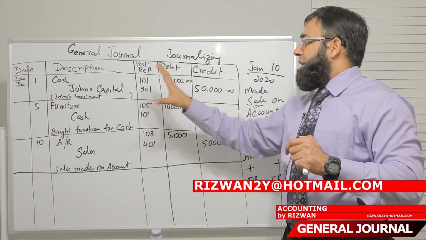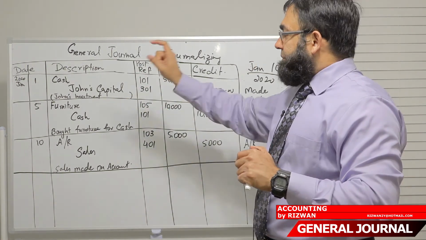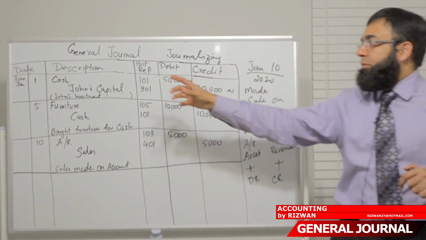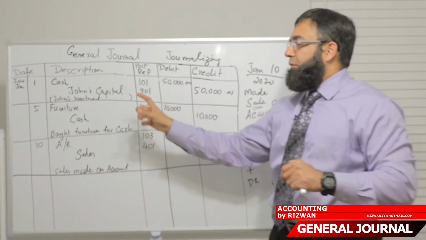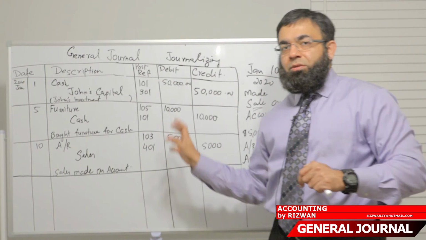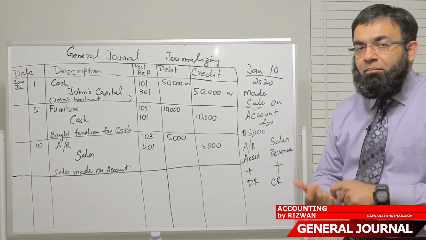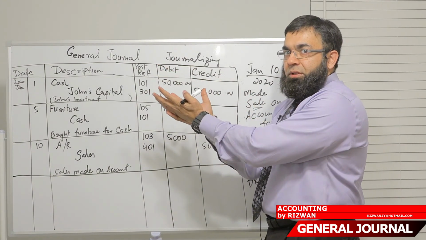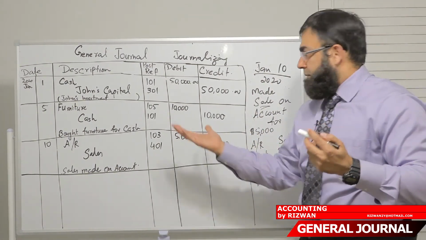The transactions may not be the same, but it will give you an idea of how to transfer these transactions to the general ledger. The process will be called posting, and based upon those postings, how you will create your trial balance. I just wanted to give you the idea of how to create the general journal, the general ledger, and the trial balance.